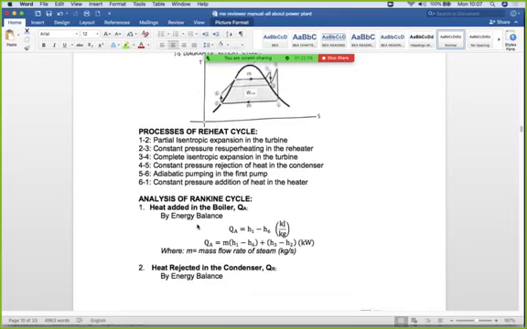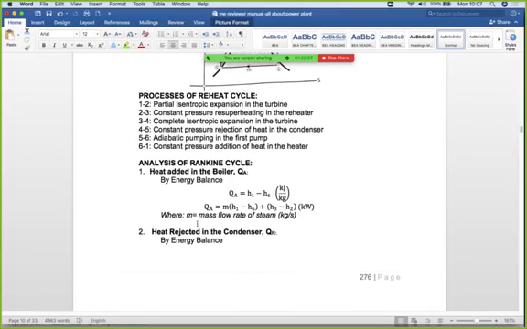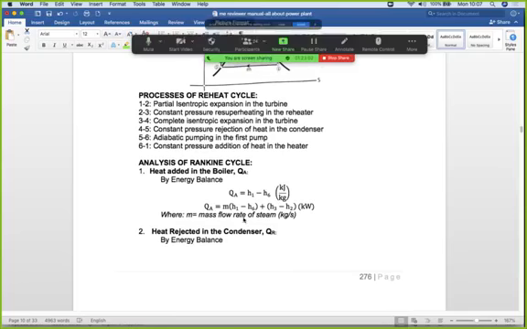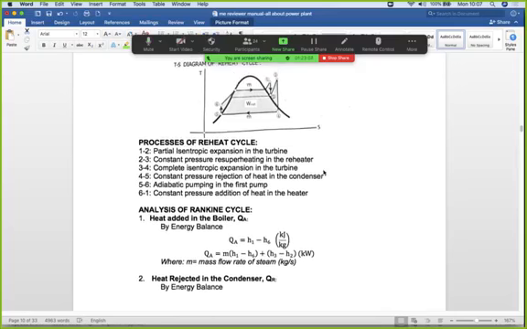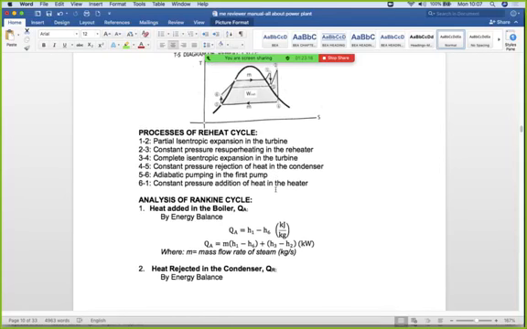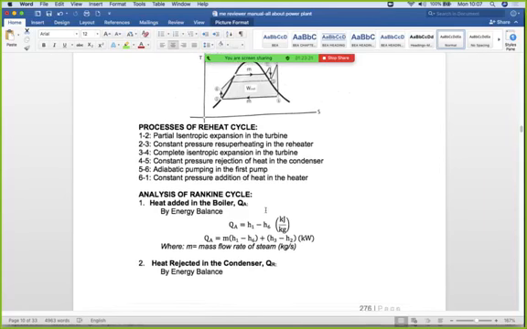So for the reheat cycle, the energy is no longer H1 minus H2, but H1 minus H6. From here up to here, six is here. So from the first process to the last part, that is the heat. So H1 minus H6.